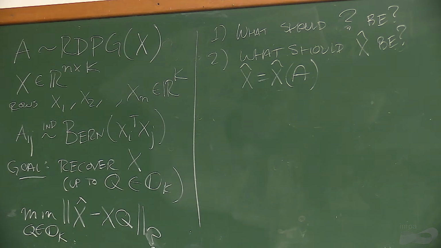So if there is a block structure present in the model, meaning some kind of community structure, that structure will be reflected in these x's.